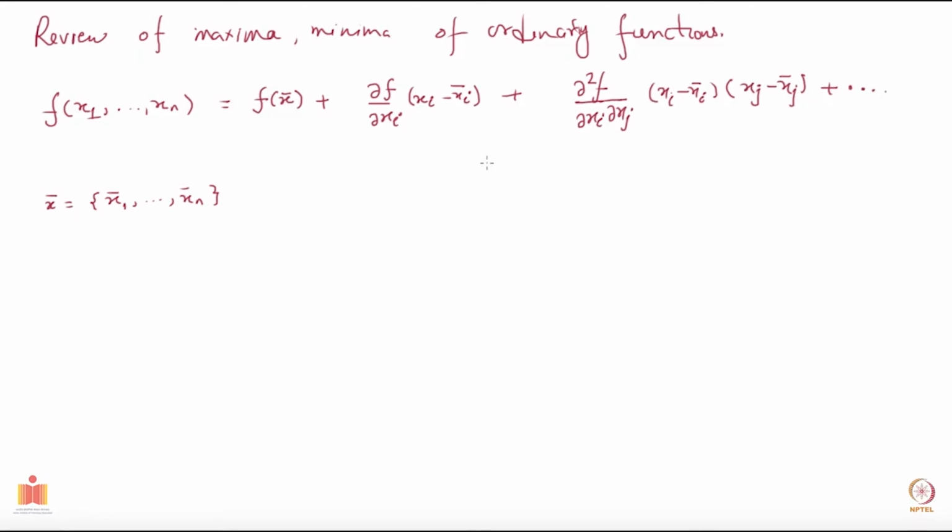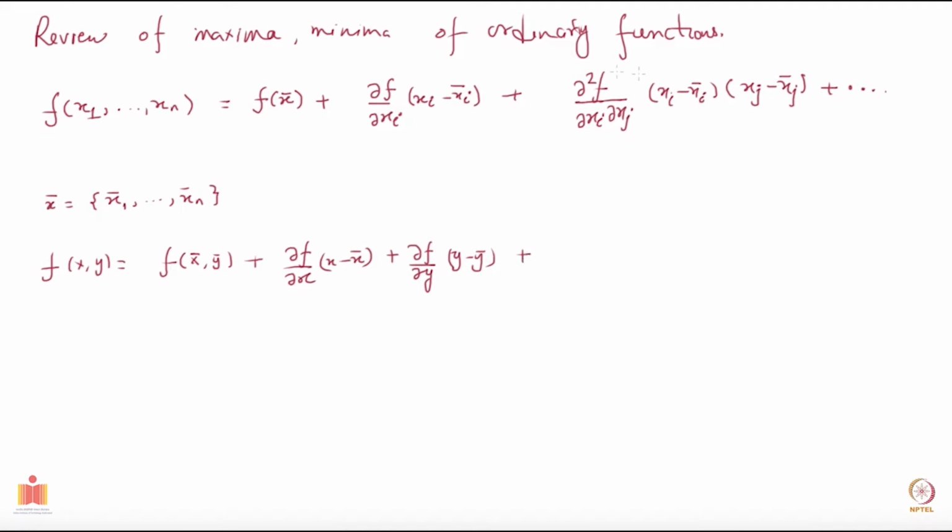And you can easily check that if you expand this for the case of two variables, you get f of x, y as, let me put, f of x bar, y bar plus del f over del x times x minus x bar plus del f over del y times y minus y bar.